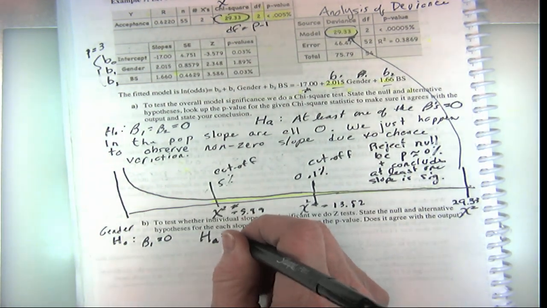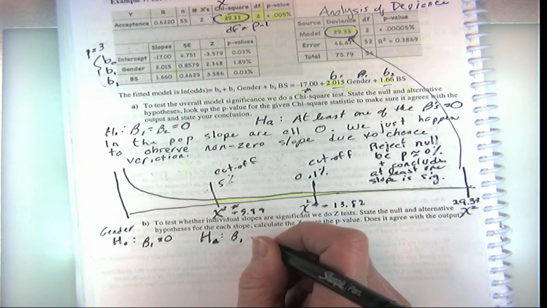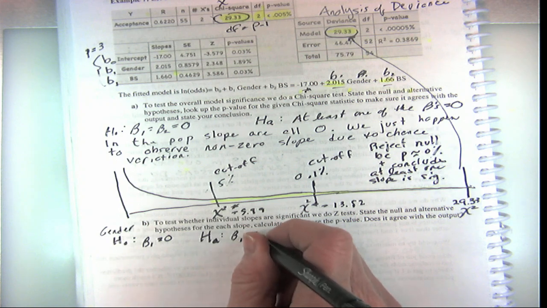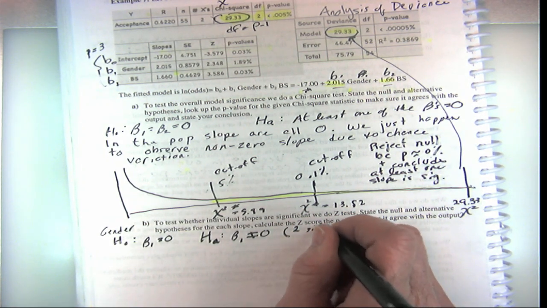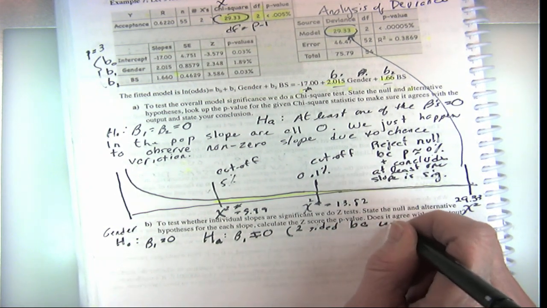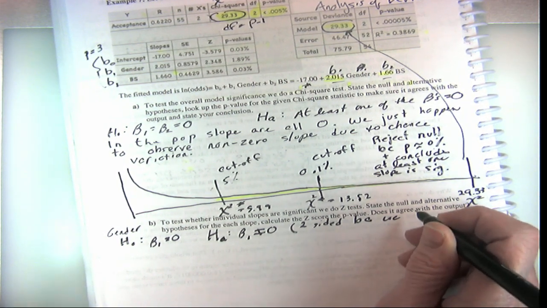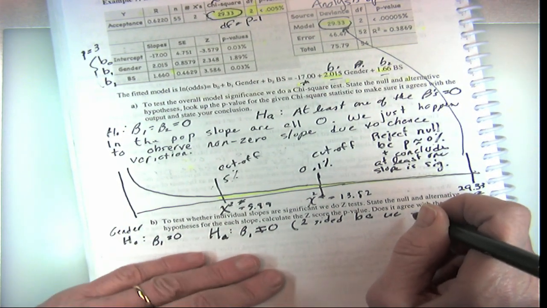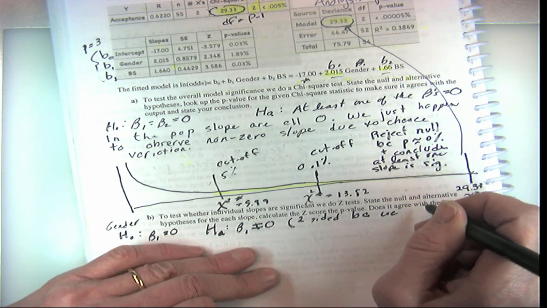All right, and this next one is what? Now, I think I'll do two-sided because, why? Because we didn't state our hypothesis ahead of time. At this point I'm not sure whether it's going to favor males or females.